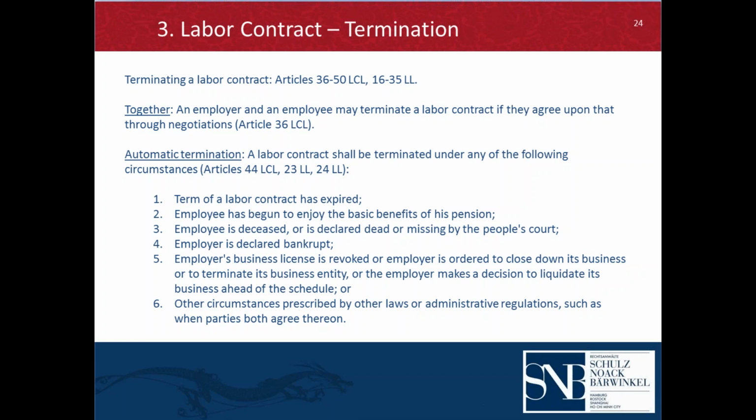As I already mentioned before, then we do not have any employment relations anyway. Also in the case that the employee has deceased or is declared dead or missing by the civil court, or in other cases if the employer is declared bankrupt. So also in this situation, the contract is terminated. Or if the company's business license has been revoked.